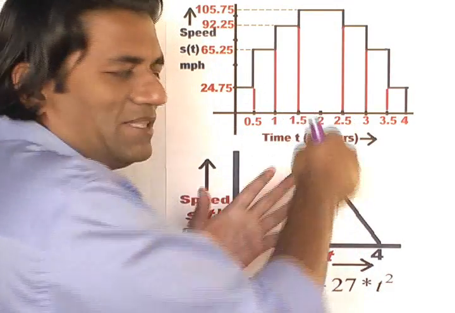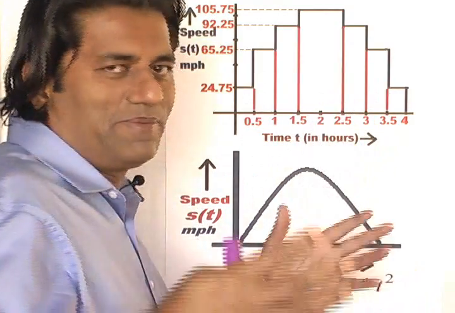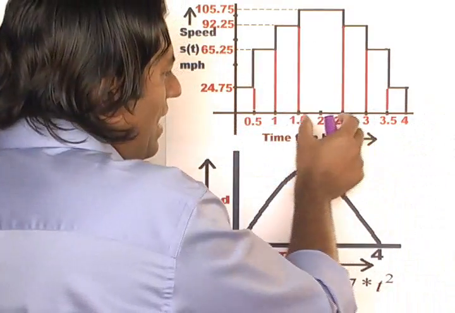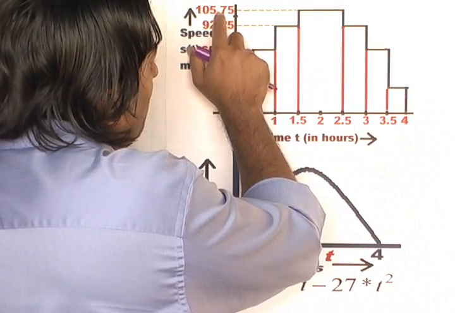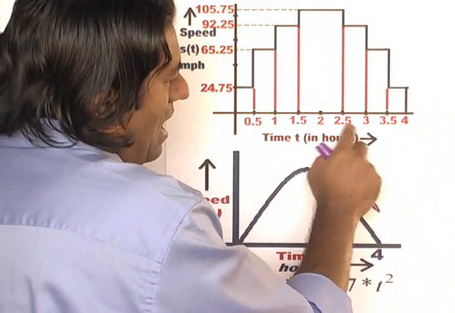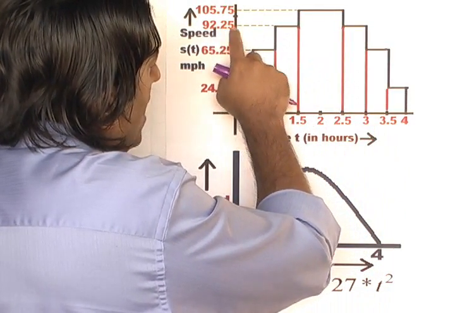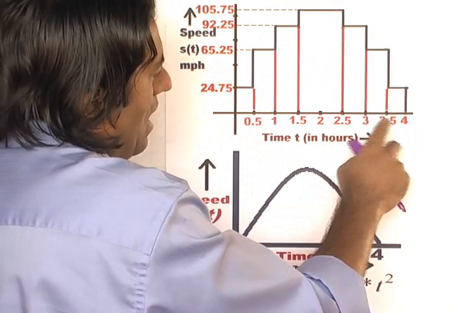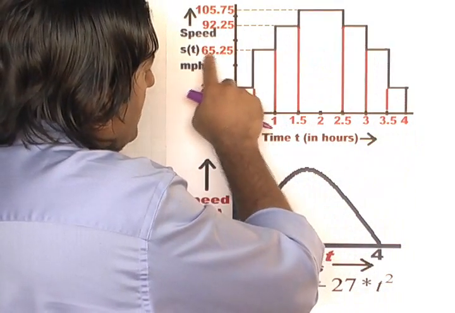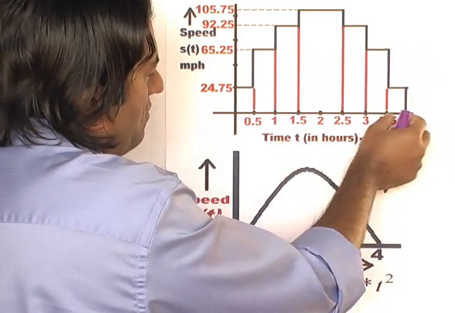Then I was in the middle of the highway, it was the open road, and for the next hour I drove at 105.75, and then I started slowing down. The next half hour again my average speed was back to 92.25. The half an hour after that it was 65.25, and then finally the last half an hour again it was 24.75.